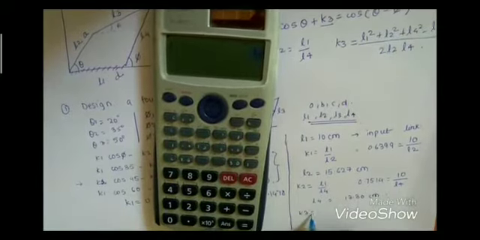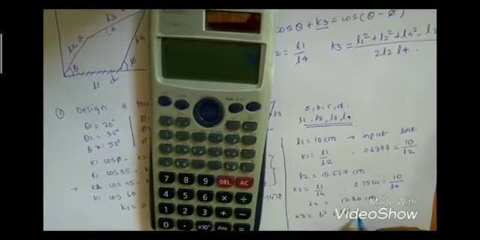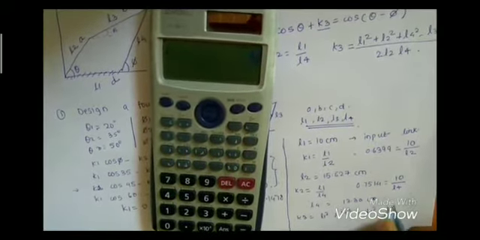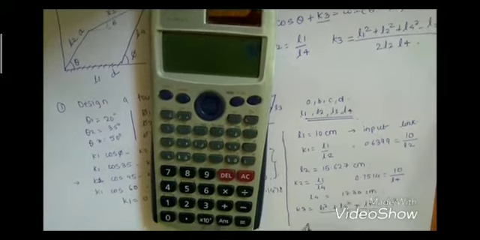Now K3 is equal to L1 square plus L2 square plus L4 square minus L3 square upon 2 L2 L4.